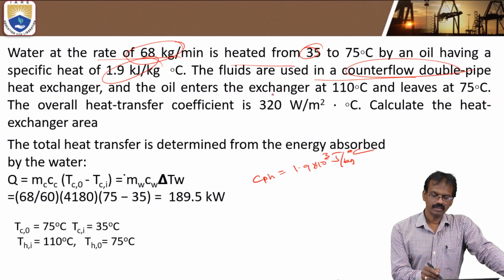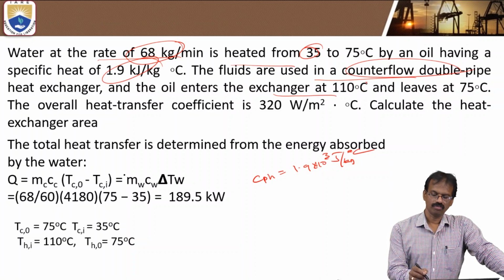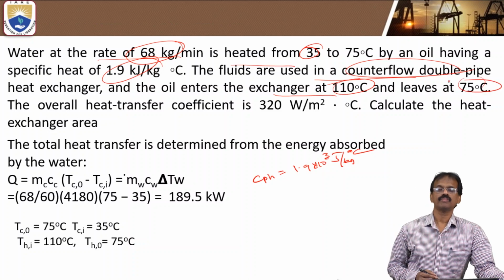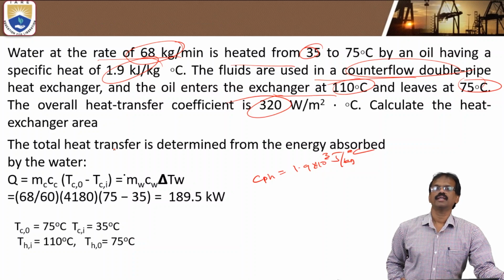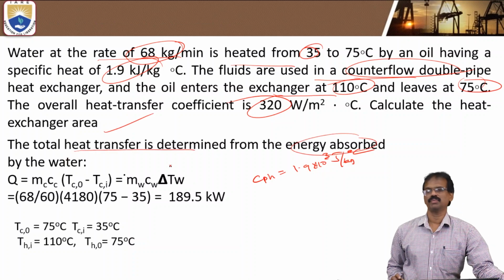The oil enters the exchanger at 110 degrees Celsius and leaves at 75 degrees Celsius. The overall heat transfer coefficient is 320. Calculate the heat exchanger area, a similar numerical. We know that the total heat transfer is determined from the energy absorbed by the water.